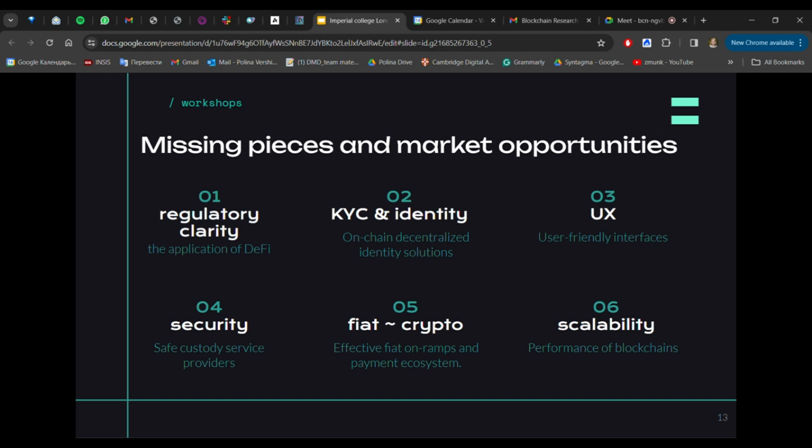And then UX, again, not everybody has a wallet, and not everybody knows how to use it. A lot of technical terminology in DeFi scares off wide shares of the population, and ruins the pace of adoption. Security is a big issue, especially if you deal with wallets.